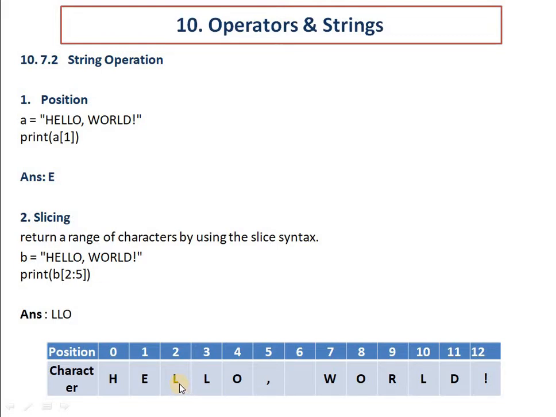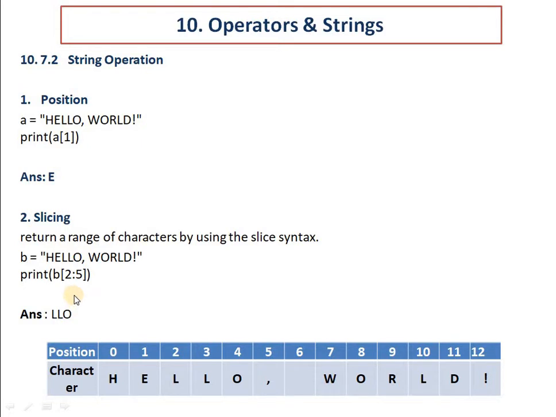So from the 2nd position L, from the 3rd position L, from the 4th position O. Here we have mentioned up to 5, or before 5. This one we will not take. 5 means we have to take up to 4, starting from 2 and ending at 5 minus 1, that is 4. So the answer will be LLO.